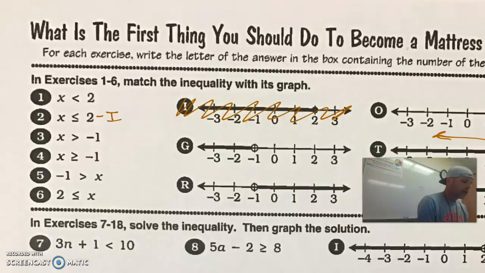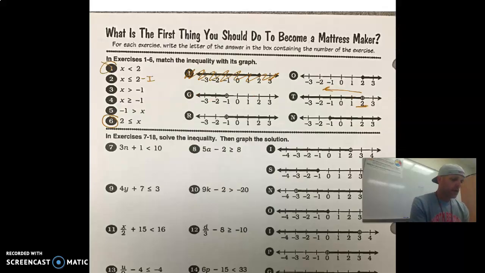Okay, let's see here. Here's one that has 2. Number 6 has 2, and number 1 has 2. But it has to be less than 2. Remember from the notes, you want to read the letter first. Okay, so number 1, it says x is less than 2, which goes along with this right here.